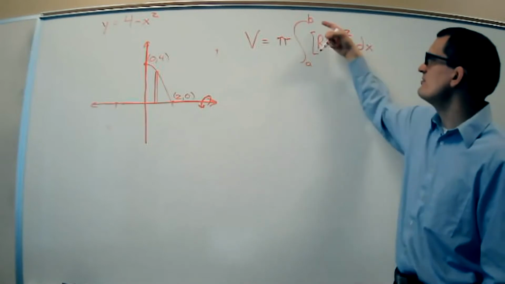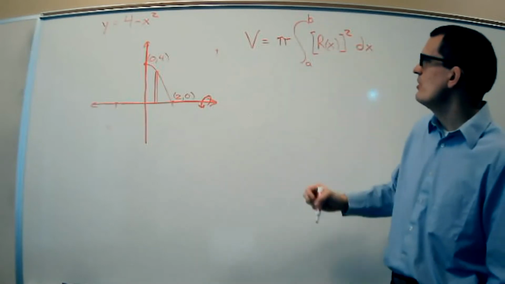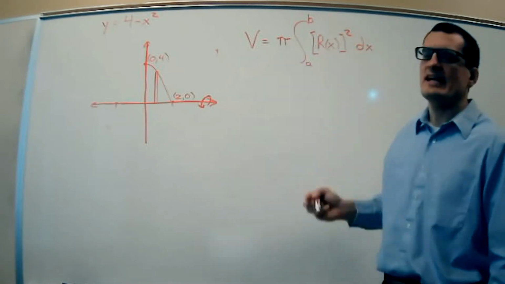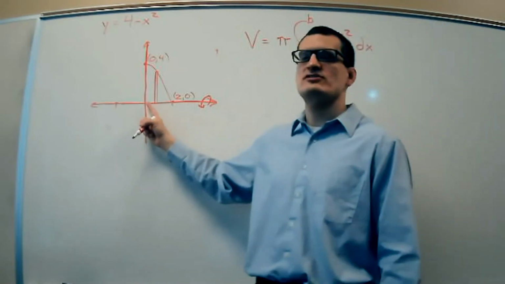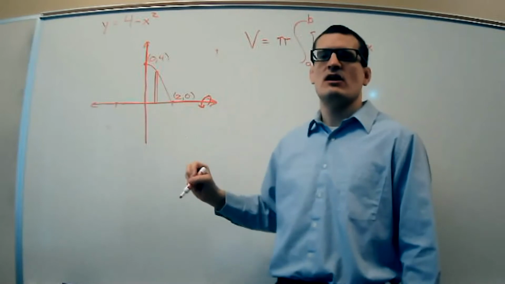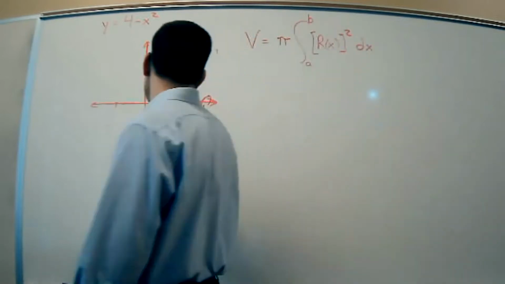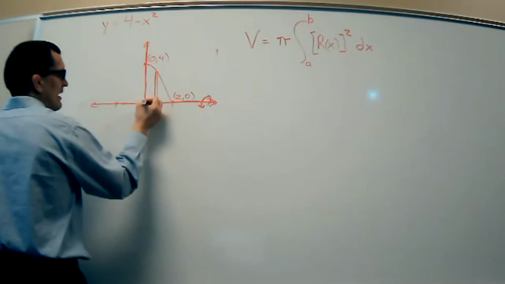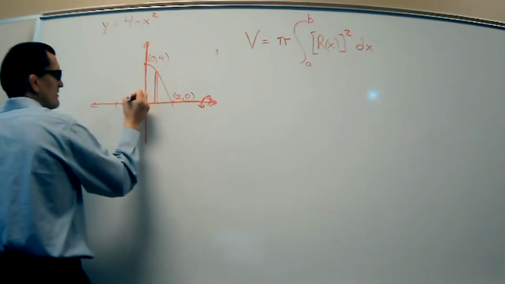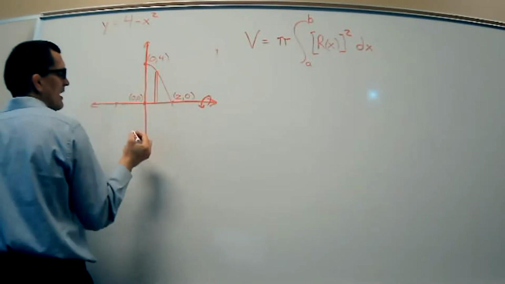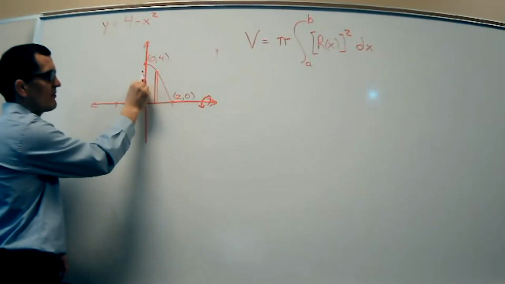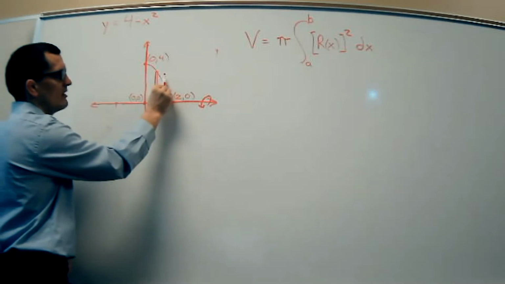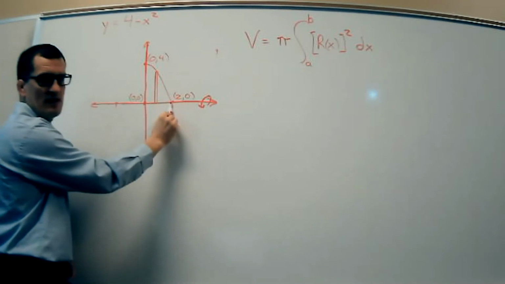All right, so now I have to fill out some things. Well, this A and B, since we're integrating with respect to x, have to be start and stop values on the x-axis. And if you think about where this region starts, it starts at an x value of 0 and goes all the way over until you hit an x value of 2.